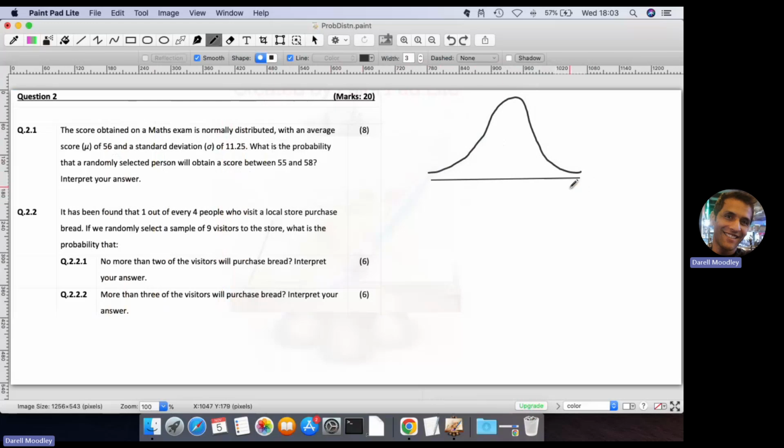On this horizontal axis, you have the scores for the exam, and I'll let that be X. This distribution is centered at mu, which is given to us in the text. It's 56, and it has a sigma, a width, of 11.25.